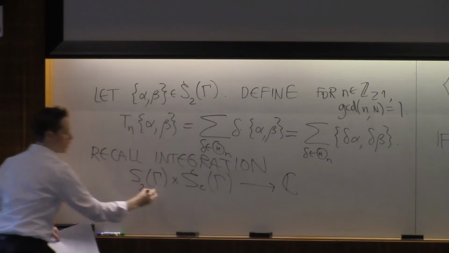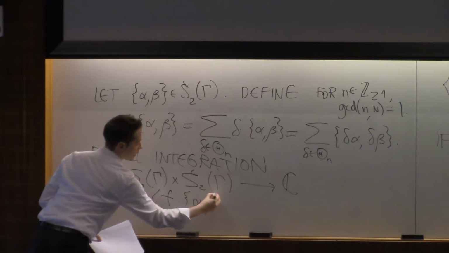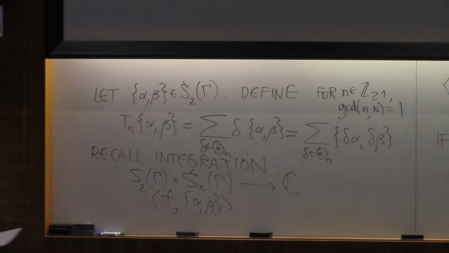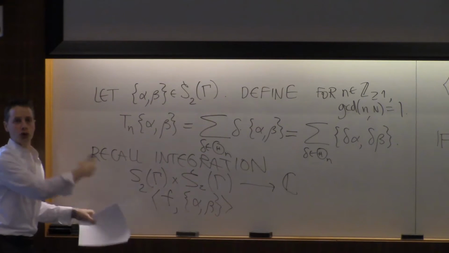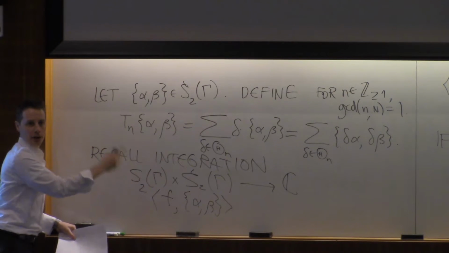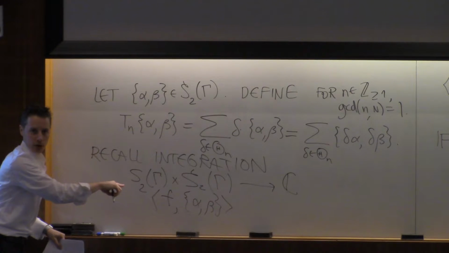So I take my form F, and strictly speaking, I have to take a linear combination of modular symbols such that it gives me a linear combination of paths in X of gamma. So I'm just going to define this on the M2s extended by linearity, right? If I had such a guy, I would write it as a linear combination of the alpha beta. Is that clear what I'm monkeying around with?